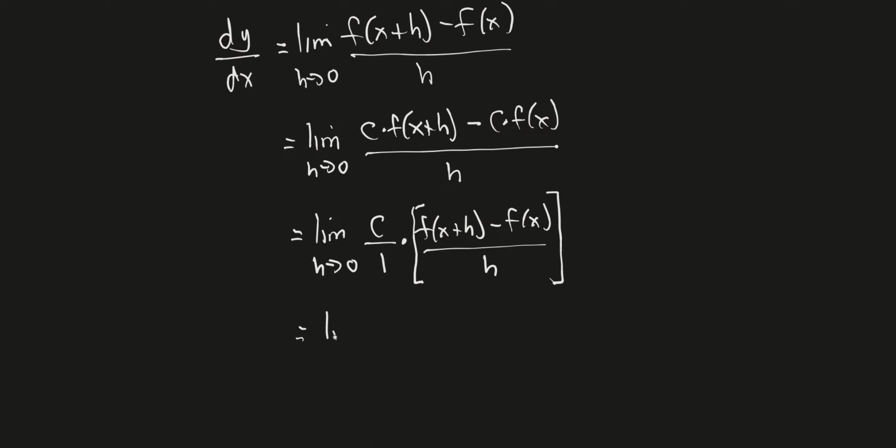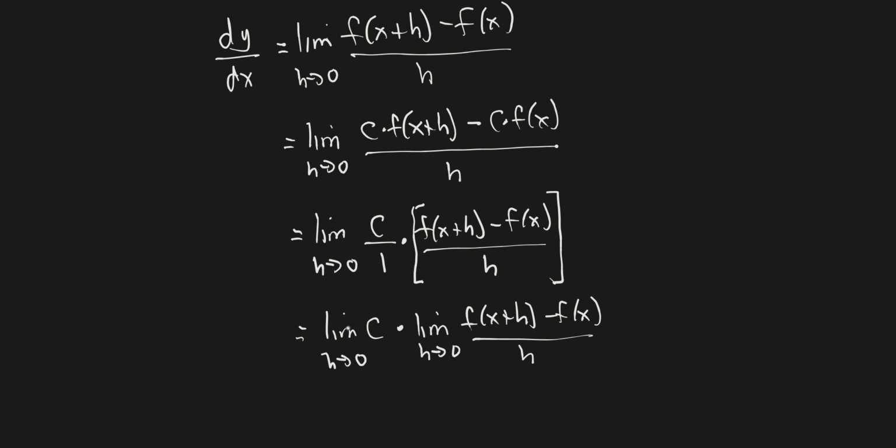So I can write that single limit as the limit as h approaches 0 of c times the limit of my difference quotient. But c is a constant, and we know the limit of a constant is a constant. And then this part is, by definition, as long as our function is differentiable, going to be f prime of x.